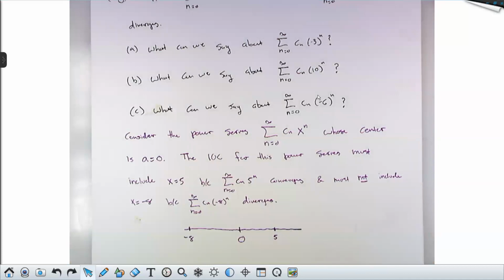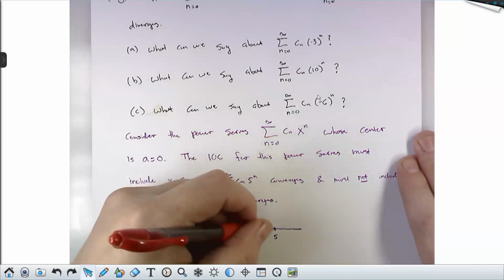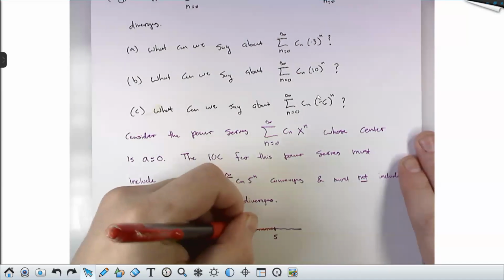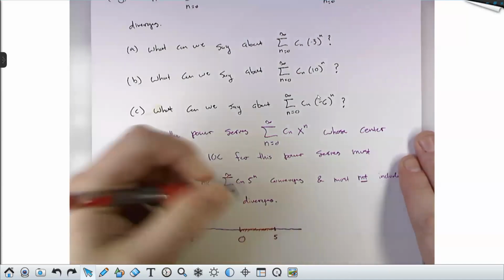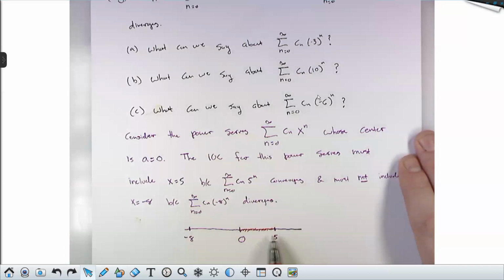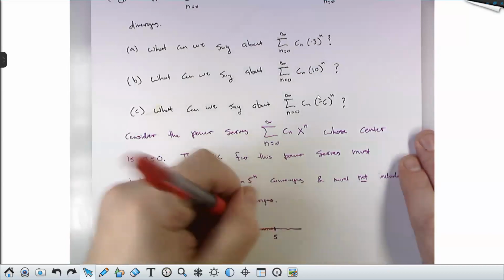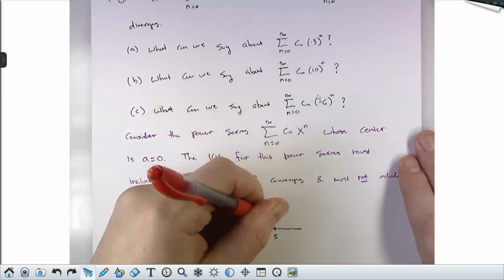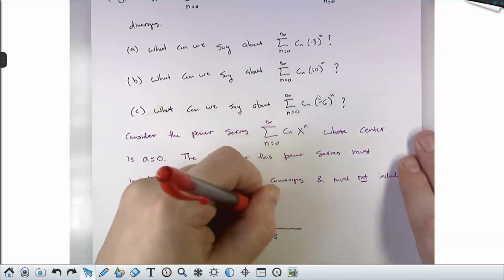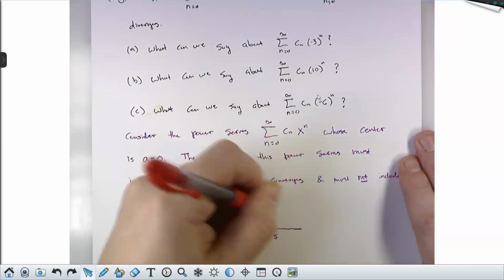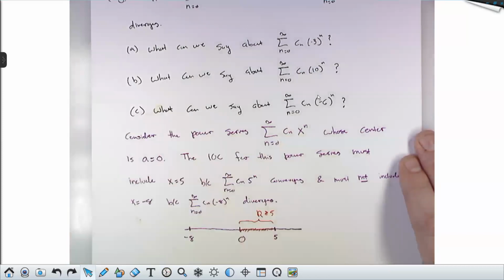Because the interval of convergence is always symmetric about the center, and the center here is 0, I know that this stuff is all in the IOC because my center is here. In other words, the radius of convergence might not be equal to 5, but it has to be at least 5, right?